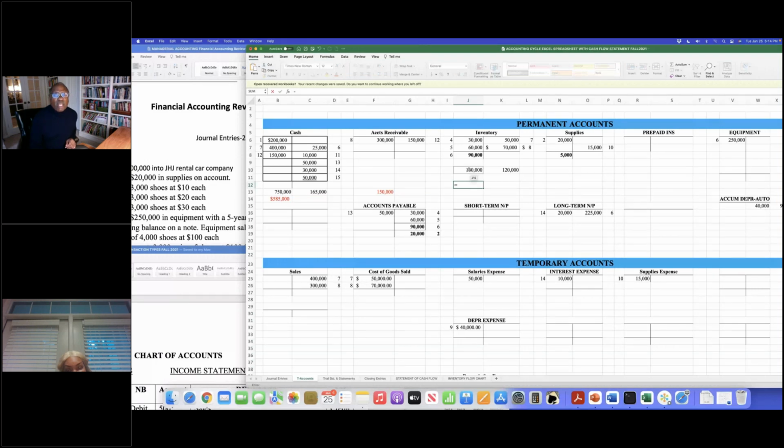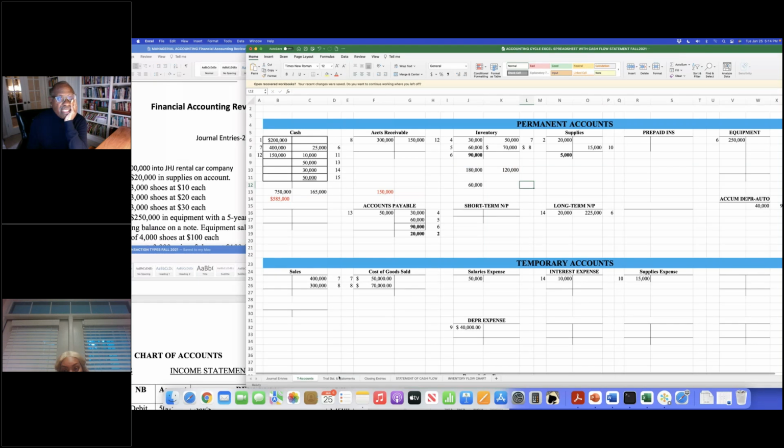Well, let me put that parentheses in. Then we click on the 180, minus, click on the 120, close our parentheses. We got the 60,000. So we're going to go down to the trial balance and put down inventory next for 60,000.